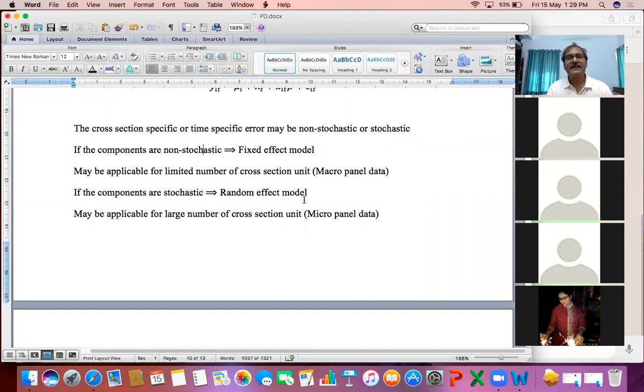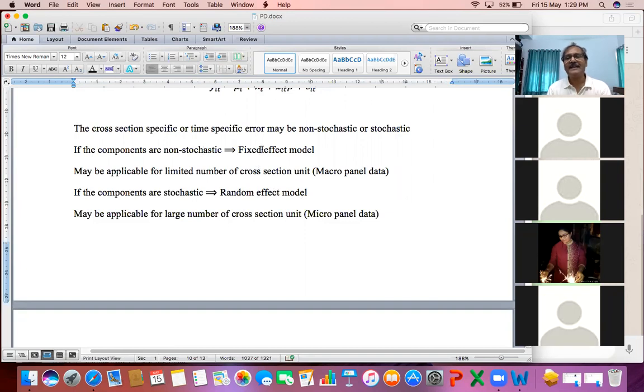So when can we normally get a fixed effect model, and when a random effect model? It depends on whether your panel data is a macro panel. We have defined in our earlier class that there are two types of panel data. If your cross-section units are macro units, then you have macro panel data.